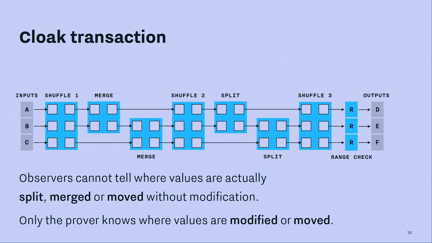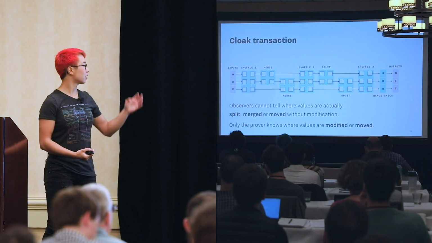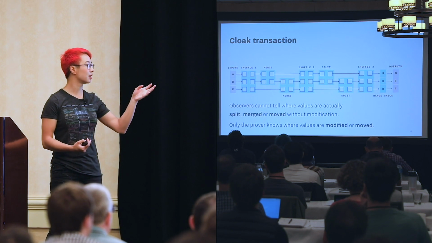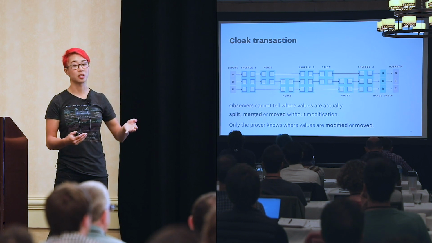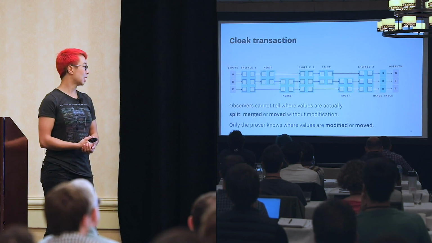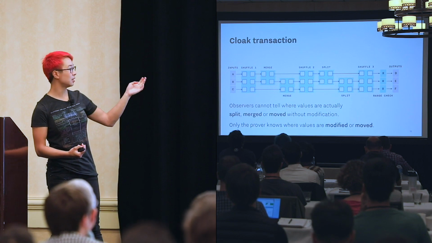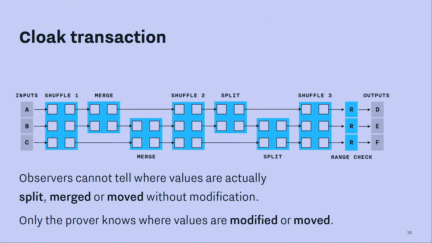So in a cloak transaction with 3 inputs and 3 outputs, this is what a verifier or anyone viewing the blockchain would see. They would see that you have these inputs, they're shuffled in some way, they're merged in some way, they're shuffled again, they're split in some way, and then they're shuffled again to make the output ordering. And you can get a proof that the inputs, A, B, C, and the outputs, D, E, F, are valid inputs and outputs for this particular constraint system.